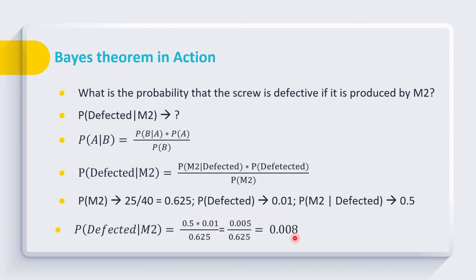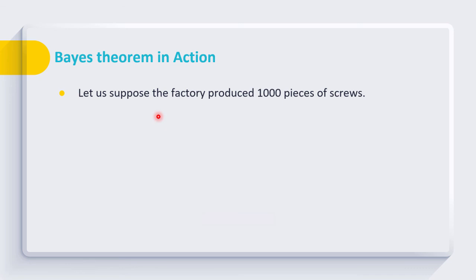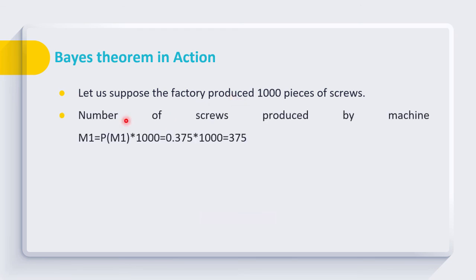We can further prove this by considering actual numbers. So let's suppose a factory is producing 1000 pieces of screws. Then according to the discussion we have, the number of screws produced by machine M1 will be probability of machine M1 multiplied by 1000 in this case.